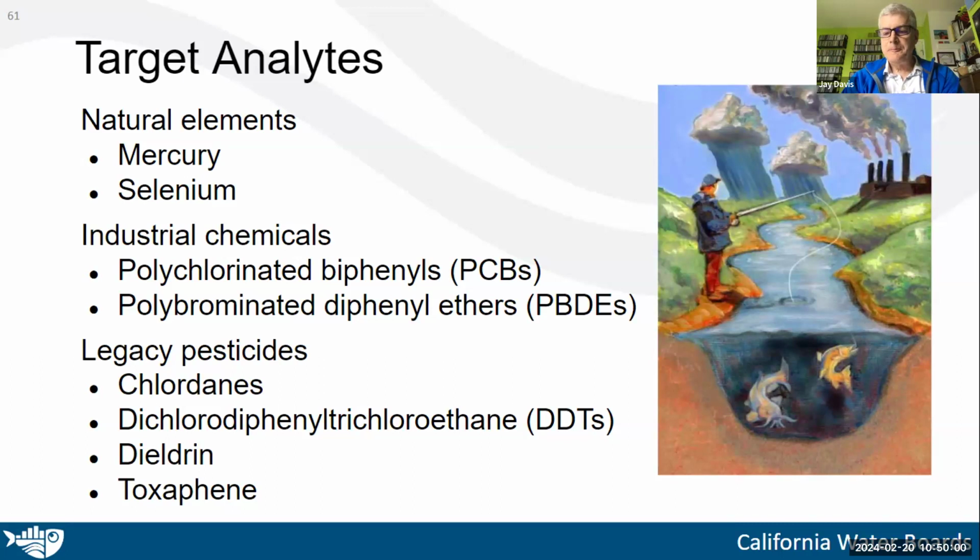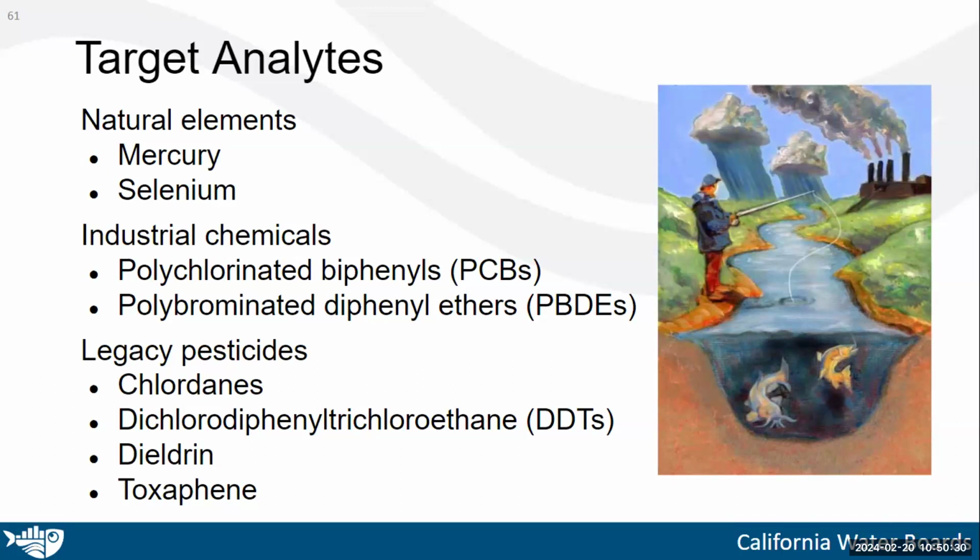Thanks. And then Sarah, I see you had your hand raised. Did you have another question or anything to add there? Yeah, I had a question about dioxins. With this target analyte list, dioxins are something that could be found after wildfires, especially with homes burning. And we had heard from the regional board that that would be something to test for in fish within a couple of years after a big fire.